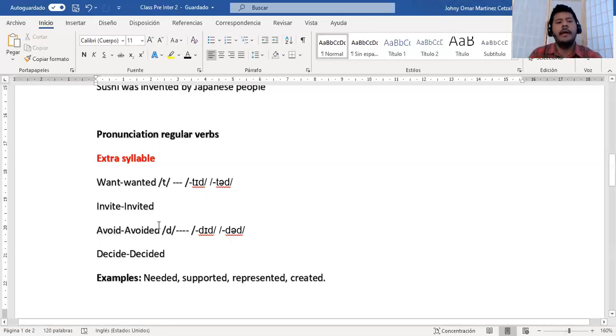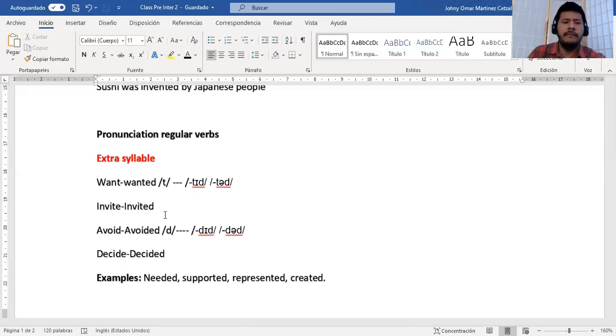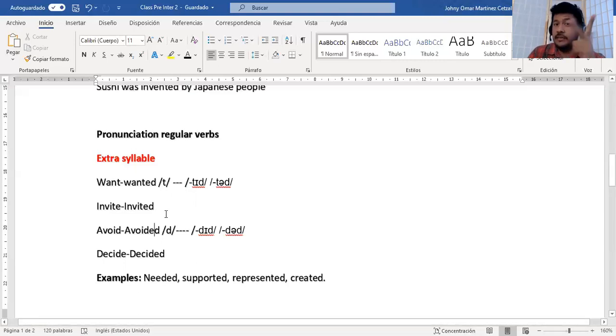So let's check. You've got want, how many syllables? One. So want, wanted. That's why it's important. We have two syllables now, so it's different, right? Want, wanted. Invite, how many syllables? So two. Invite, invited. Three syllables, okay? You've got avoid, how many syllables? Yeah, two. So avoid, avoided, okay?